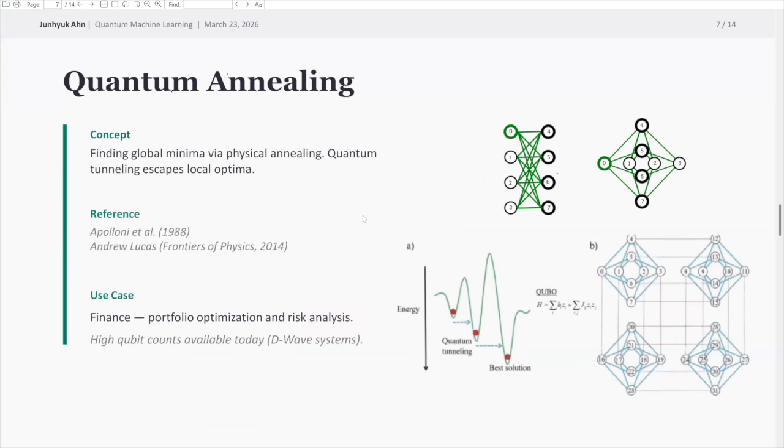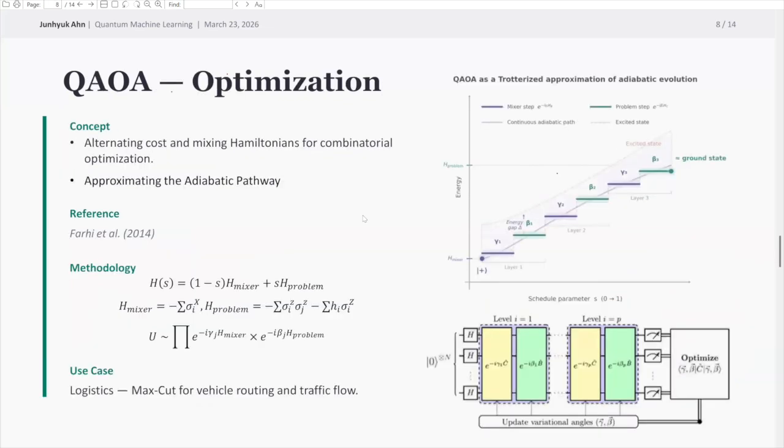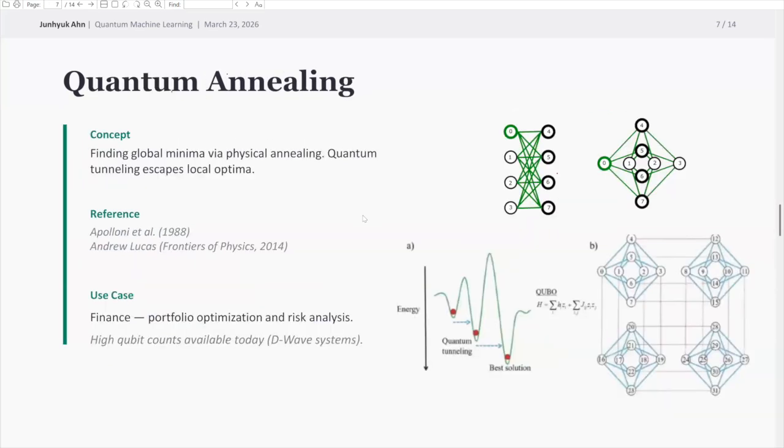The next two methods in quantum machine learning are quantum annealing and the quantum approximate optimization algorithm. We'll call it QAOA for short from now on. The reason I talk about both of them together is that they come from the same source, the adiabatic theorem.